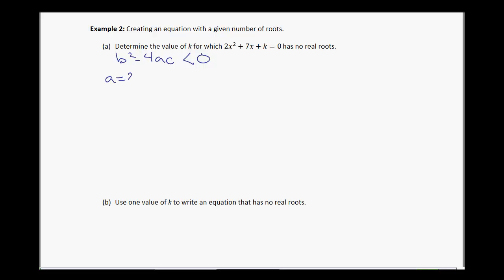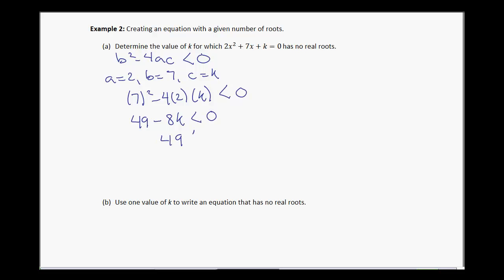So we have a equals 2, b equals 7, and c equals k. Then we get 7 squared minus 4 times 2 times k is less than 0, right? Simplifying, we get 49 minus 8k is less than 0. Isolating k, we get 49 is less than 8k.